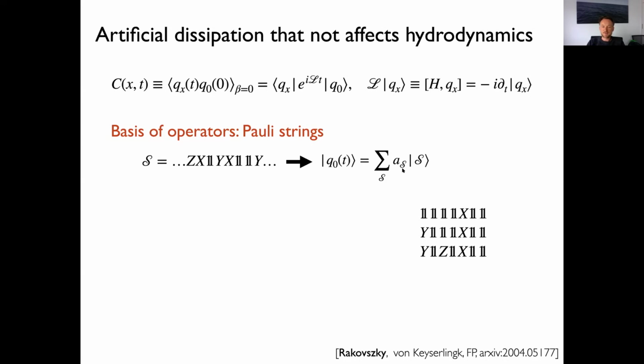So whatever operator we get at a certain time, we can expand in terms of these Pauli strings. The Pauli strings are, for example, the product of identities with one sigma x operator, or we can have a y operator, identities and an x operator. So we have a superposition of all of those operators. These form a basis for all those operators.